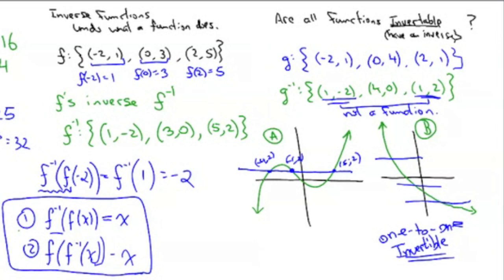It looks like a negative slope to me. It's never increasing. This graph is always decreasing. Look, if you go left or right, the second graph is always going down forever and ever. So another feature of one-to-one is either A, always increasing, or B, always decreasing. It can't do both.